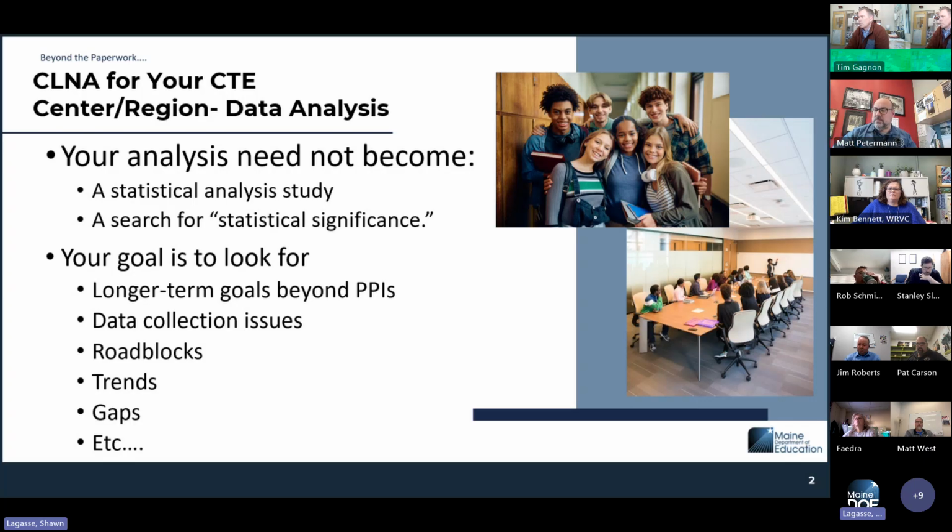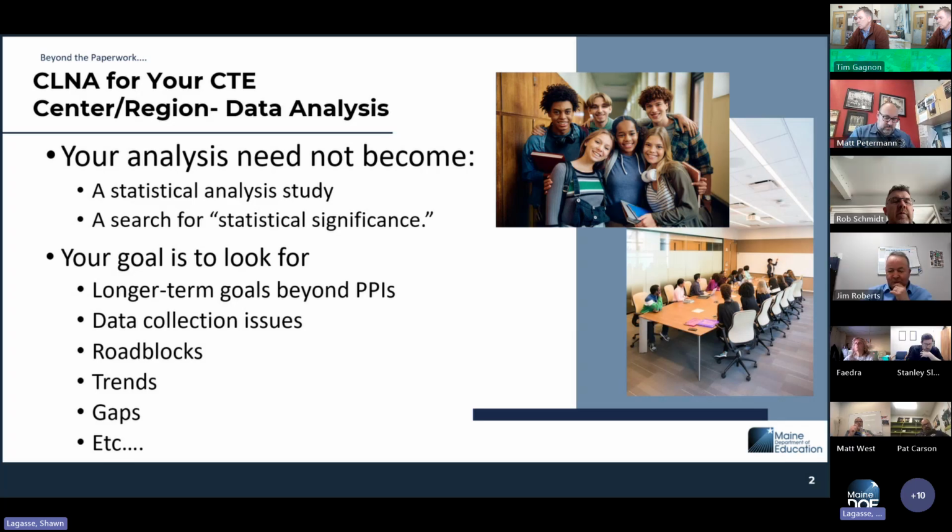And through the years, I've heard some great stories from some directors who have looked at the data and paired up several pieces of information together to find out, for example, maybe in my automotive program, my students that are economically challenged have a lower pass rate.